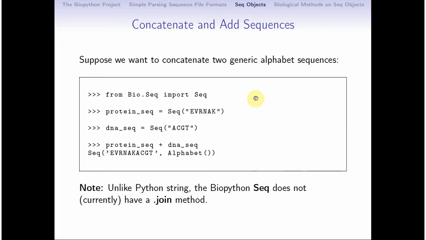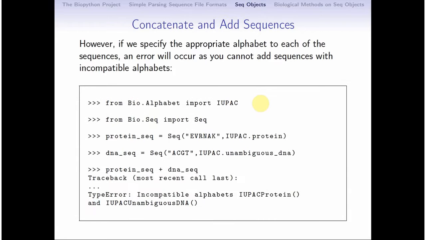However, you know that by right you cannot join a protein sequence and a DNA sequence together because they are two different things. So usually what we do is specify the appropriate alphabet. Then an error will occur if you add sequences of incompatible alphabets. For example, import this and import the sequence.